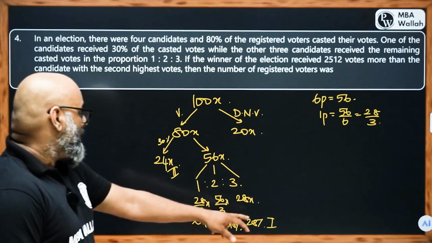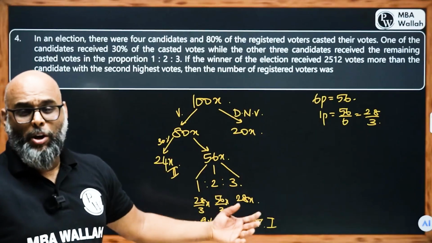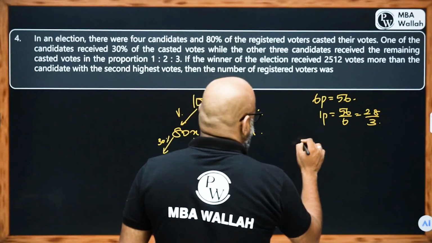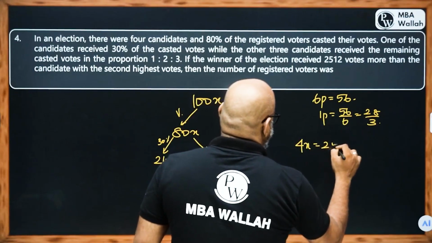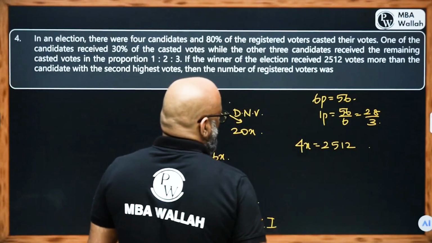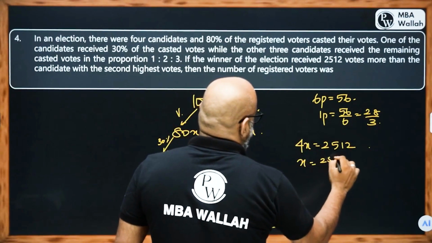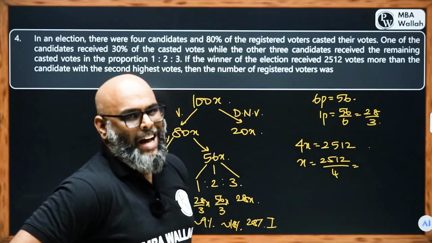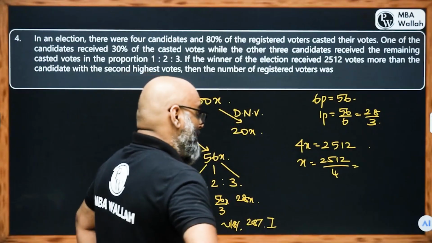Now by data we know that the gap between these two happens to be 2512. So I can say 4x is equal to 2512, or x is equal to 2512 divided by 4. 628. 112 is 28 times.